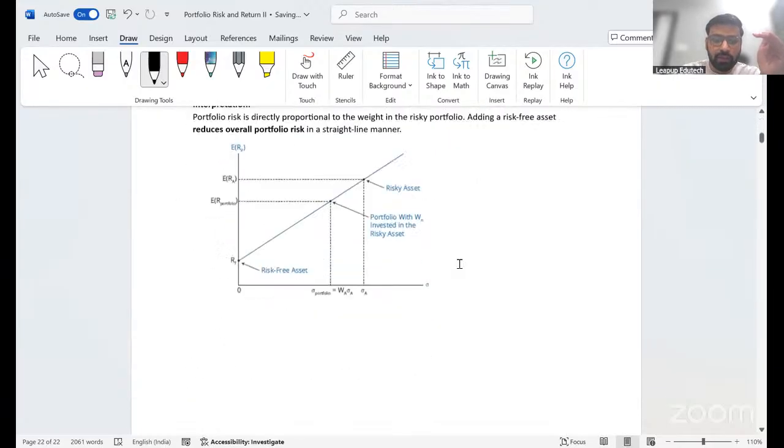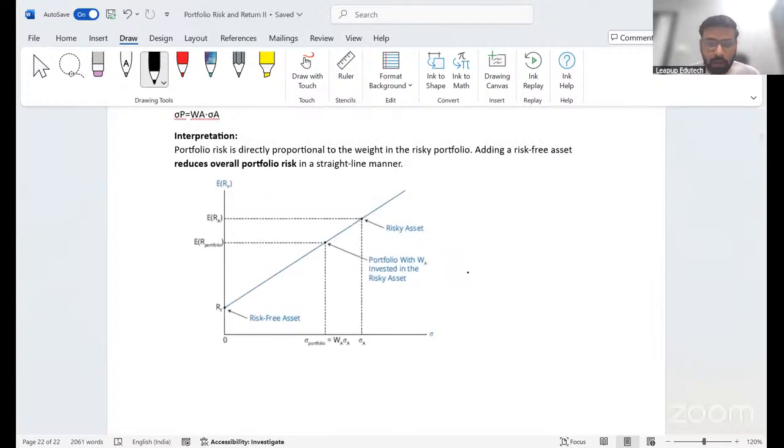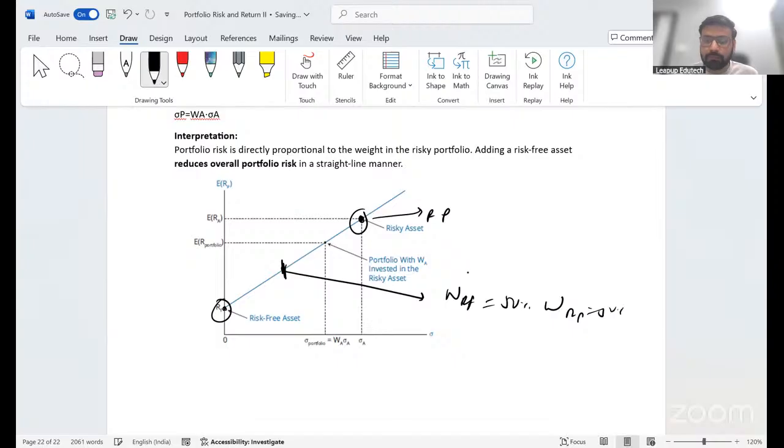You can clearly see the diagram represents the same thing. This is your risky portfolio, and this point is your risk-free asset. Now, if your portfolio is somewhere here, the weight of the risk-free asset might be 50% and the weight of the risky portfolio might be 50%.